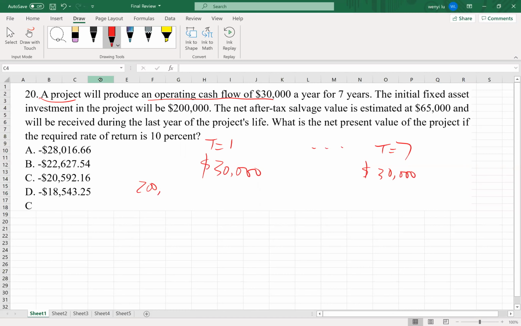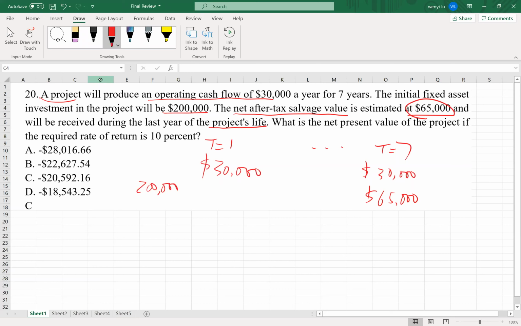That's the fixed asset cost, and also the value you will depreciate. And our net after-tax salvage value is $65,000 and will be received during the last year of the project's life. So you can say this is salvage value, received in the last year of the project life, so it will be here, 65,000.